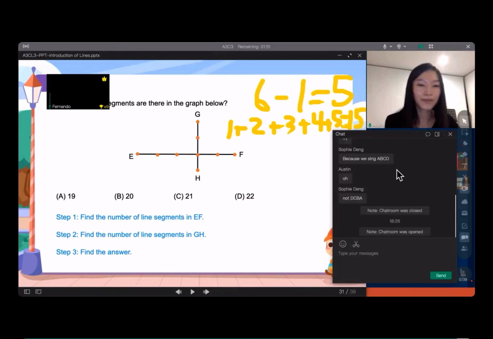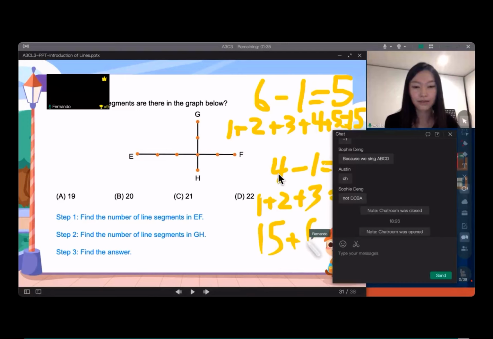And for GH, 4 minus 1 equals 3. 1 plus 2 plus 3 equals 6. 15 plus 6 equals 21. So 21 is our final answer, which is C.